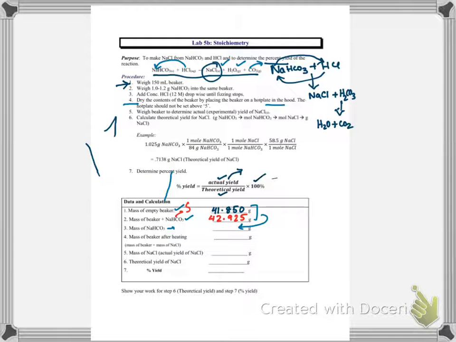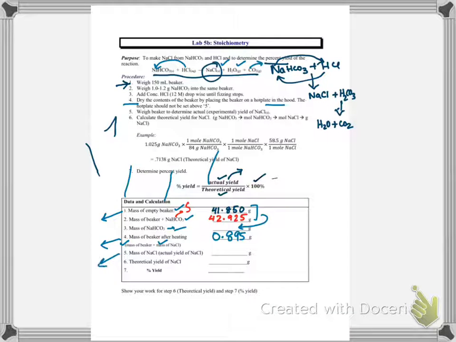What will be in that beaker? It will be just the mass of the beaker and sodium chloride. So let's say the mass of the beaker after heating is 0.895 grams. Now this is the mass of the beaker plus NaCl, and this is the mass of the empty beaker.